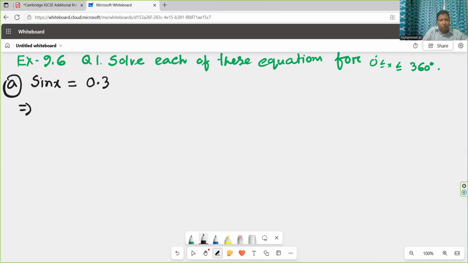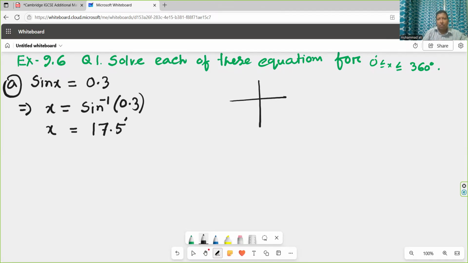So x equals sine inverse 0.3. So we get x equals 17.5 degrees. Sine is positive in the first quadrant and second quadrant. So x equals 17.5 degrees in the first quadrant.